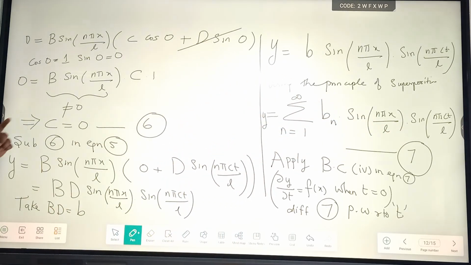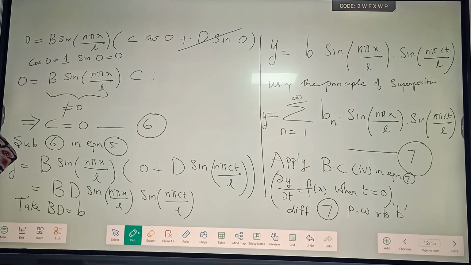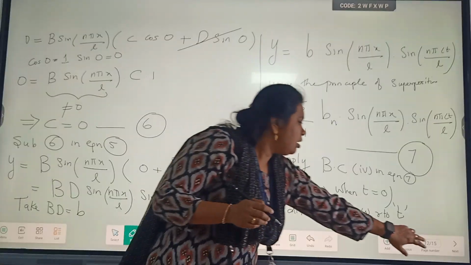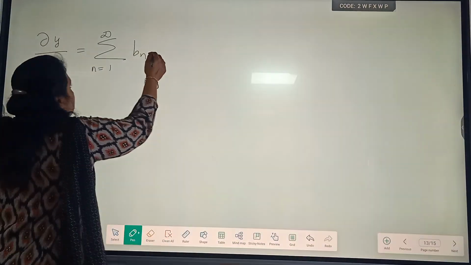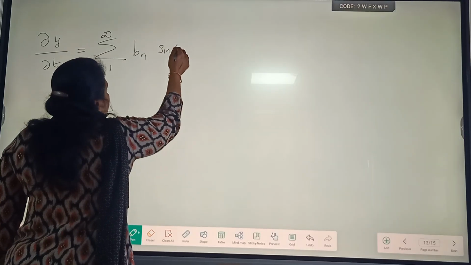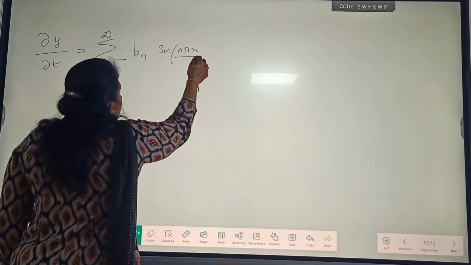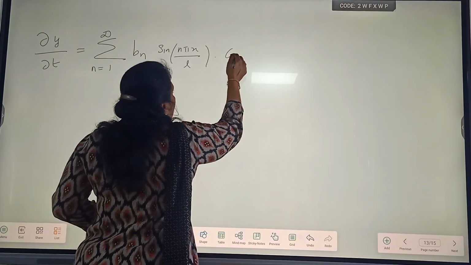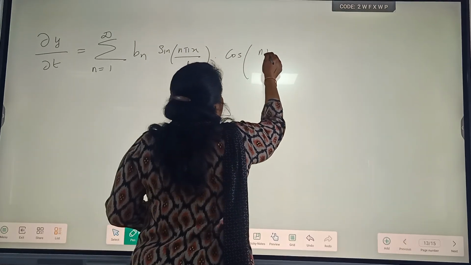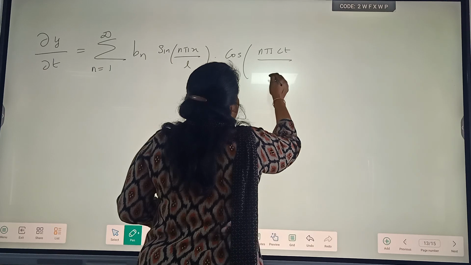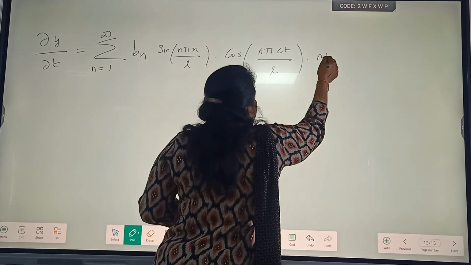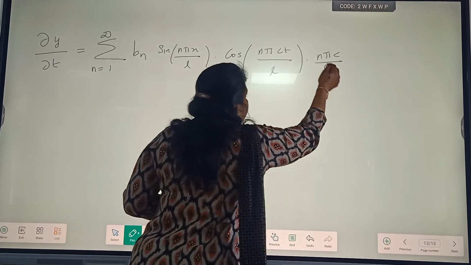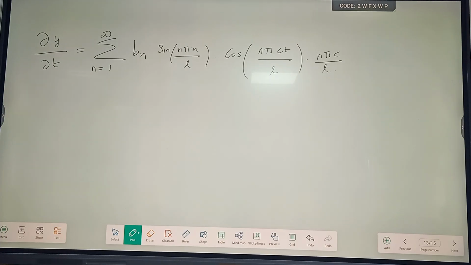Cos, multiplied by the constant term. So what am I getting here? Sine n pi x by L into cos n pi ct by L into that constant.